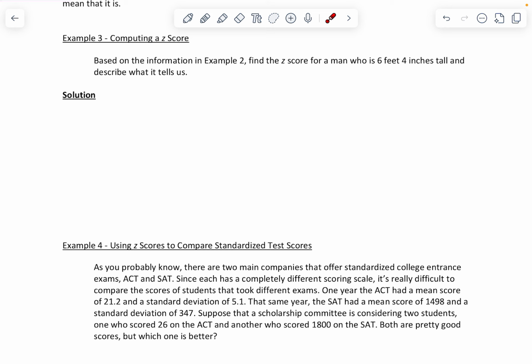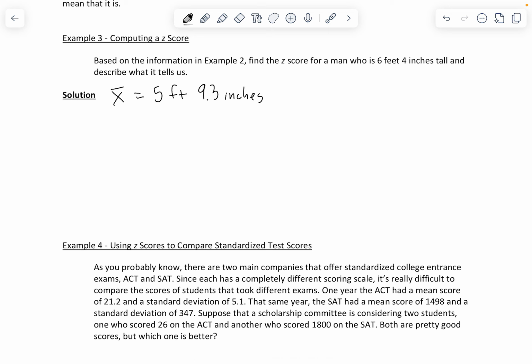Okay, so in example 2, we were told that the mean height, we'll just call it x bar, was 5 feet 9.3 inches. Let's make this easy by expressing this number in terms of just one set of units.